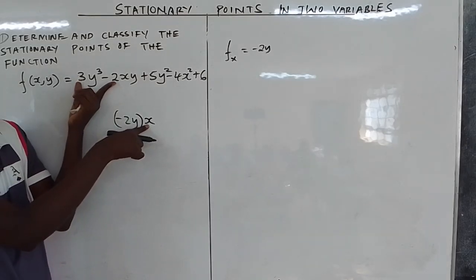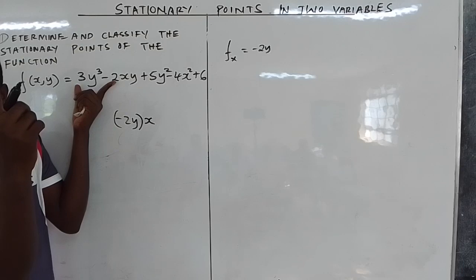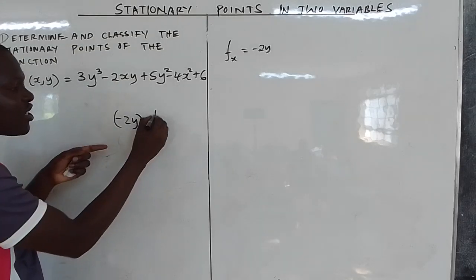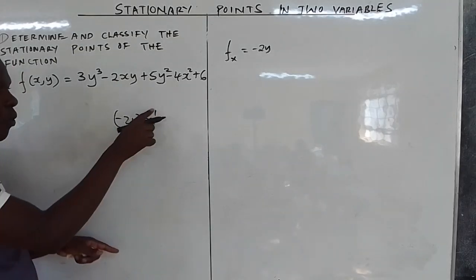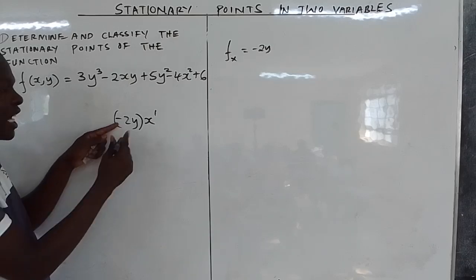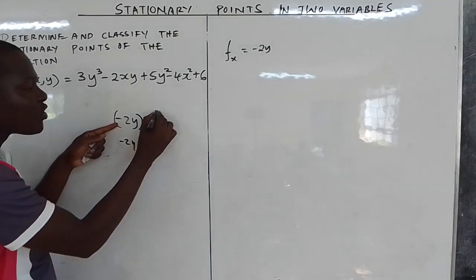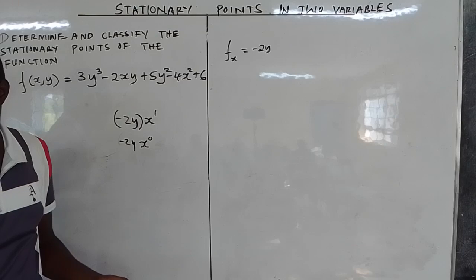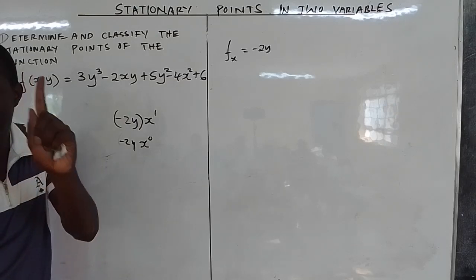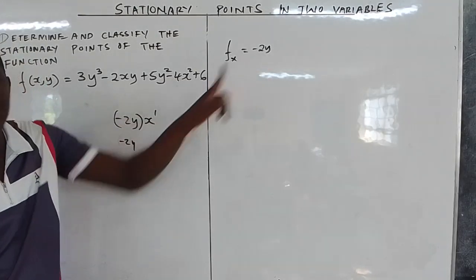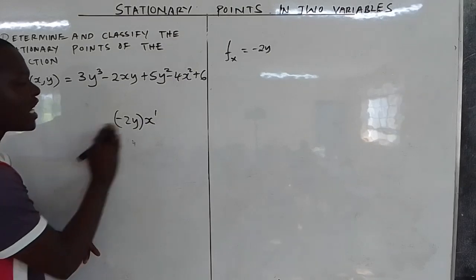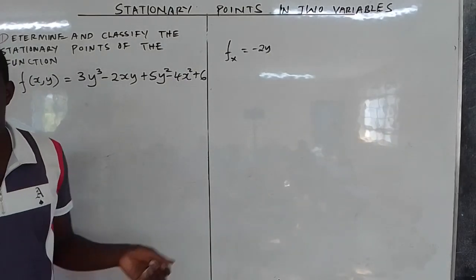You see? And when you differentiate this x, you get 1, because x is raised to power 1. 1 times negative 2y gives negative 2y, then you reduce the power by 1, x raised to power 0, isn't it? Anything raised to power 0 is 1. So negative 2y in that case.